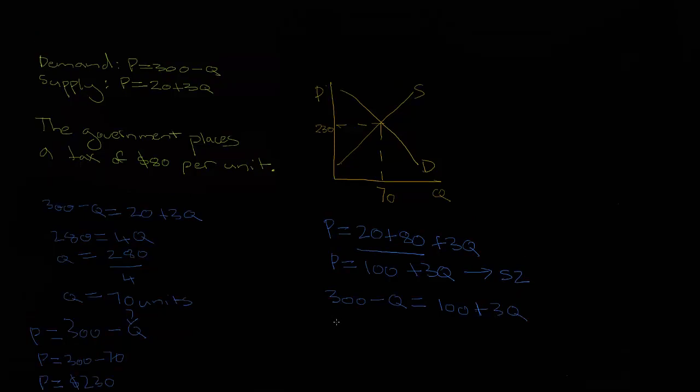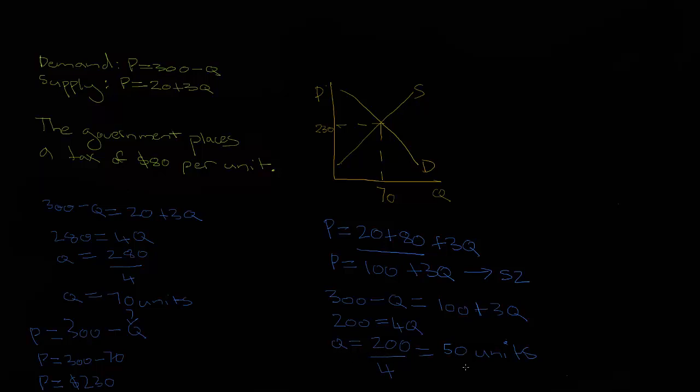So if we rearrange this, we get 200 is equal to 4Q. So Q is equal to 200 over 4, which is equal to 50. And you write units at the end just so people know what it is.